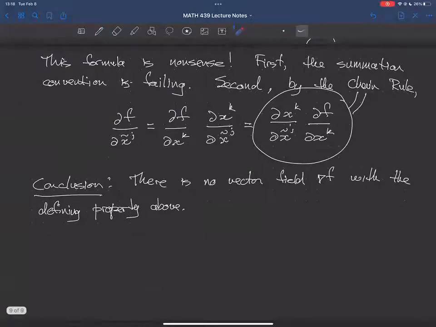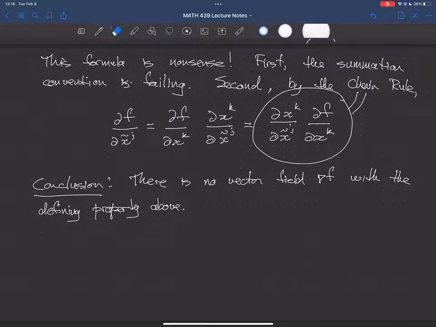Now this leaves you at an impasse. What should you do now? Well, you can just give up on grad f and say, I guess I don't get to use the expression df by dx because it apparently has no meaning. But that's not true. It has a meaning, but it's just not a vector field.